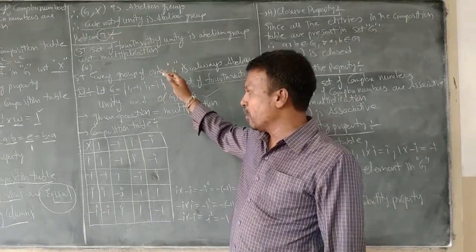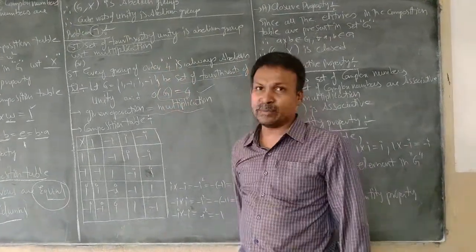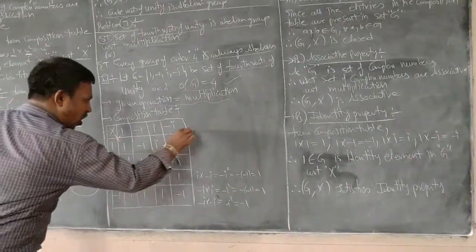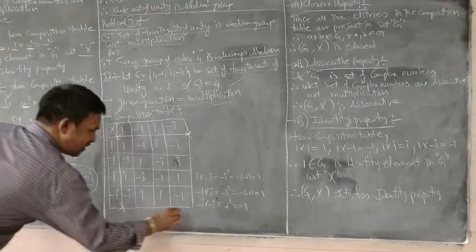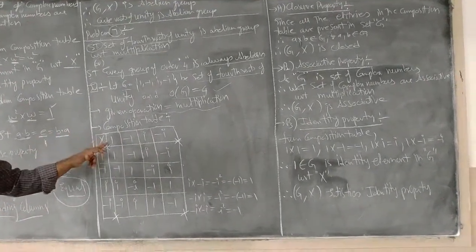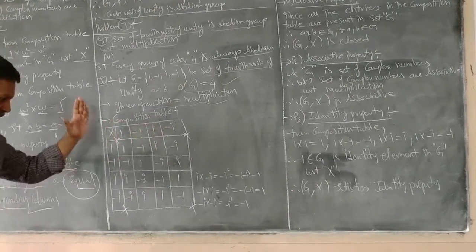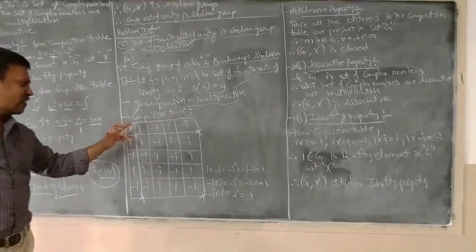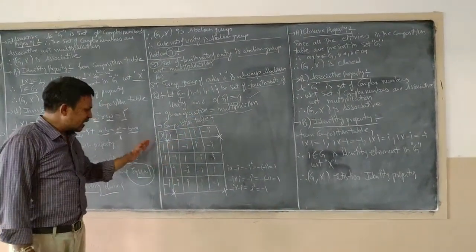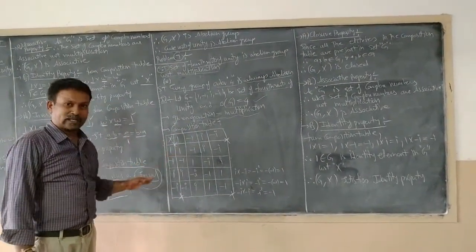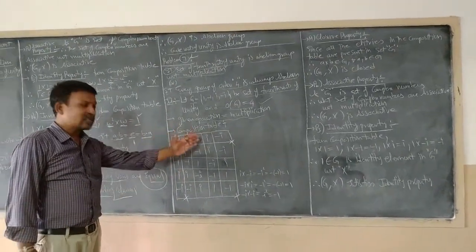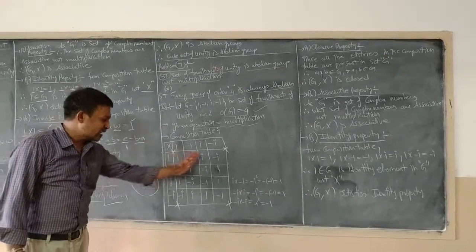Now I am going to prove this problem also using the composition table. Here I will mark all the entries which are obtained after multiplying these 4 elements with these 4 elements. I have taken 1, -1, i, -i column wise, and I have taken those 4 elements row wise. If I multiply them all together, we will get the entries.